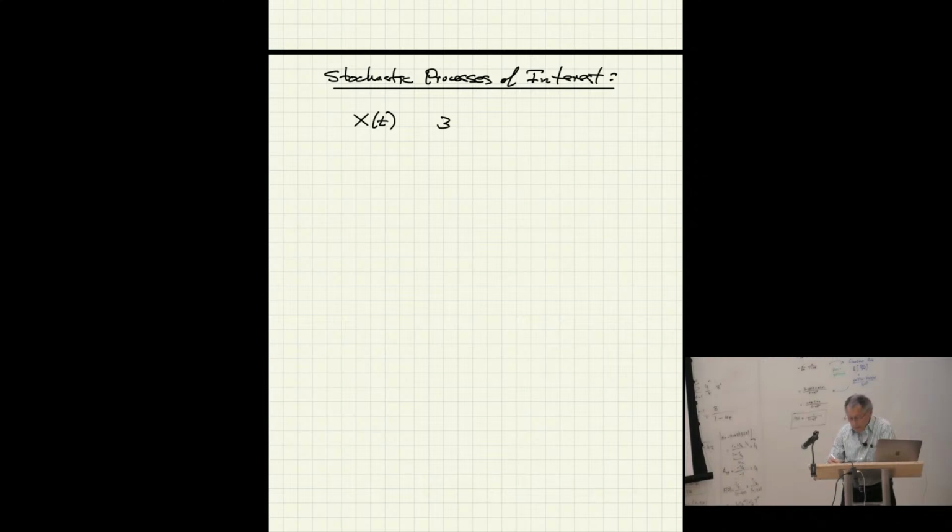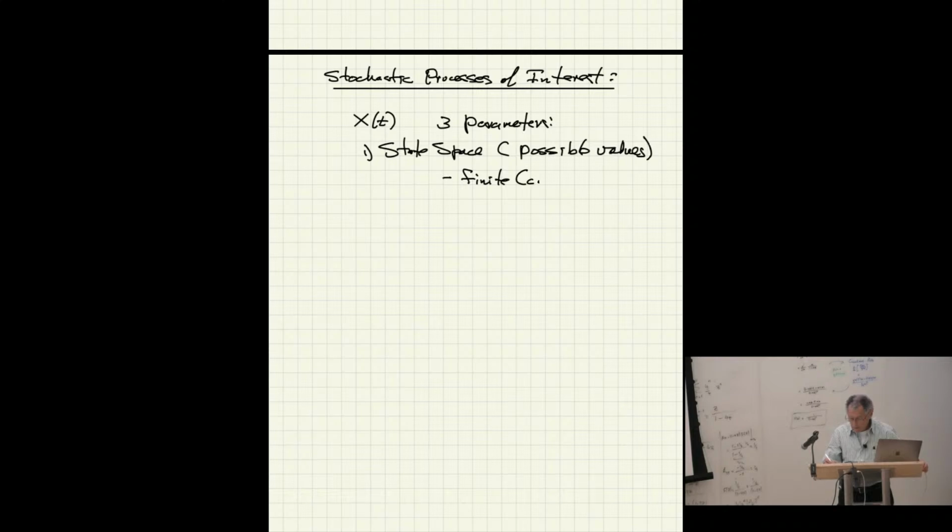And it has three parameters, as we know. First of all, there is the state space, namely the values it takes on, the possible values of x of t. Now, if the possible values are finite or countable, then we say we have a discrete state process.